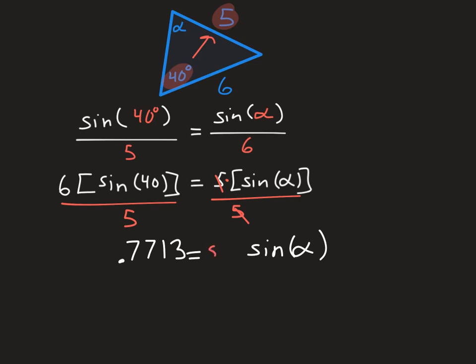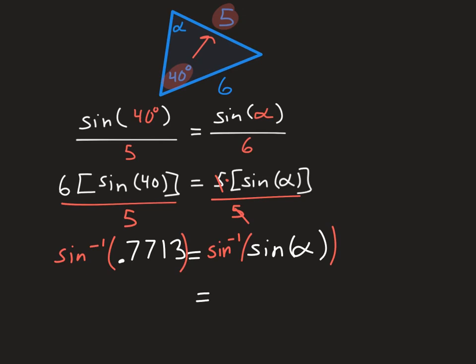And again, the reason is because on my next move, when I'm solving for alpha, in order to get rid of sine, I have to take the inverse sine. And when I take the inverse sine of the right side, I have to take the inverse sine of the left side. And when I take the inverse sine, you always want as accurate of an answer as possible, because just small decimal places can actually make a fairly large difference.